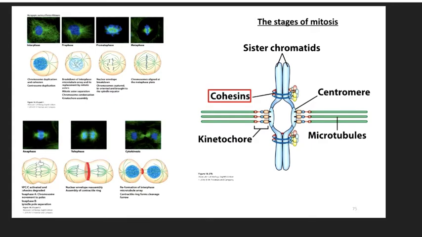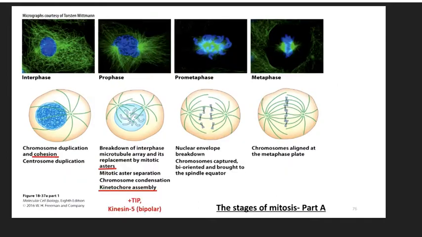So till metaphase, these sister chromatids are connected together with the help of cohesin. Okay. In prophase, two of the proteins are involved, plus tip and kinesin, not proteins but molecules.